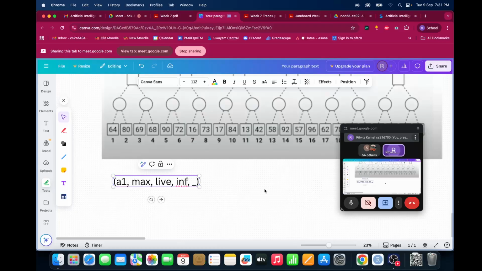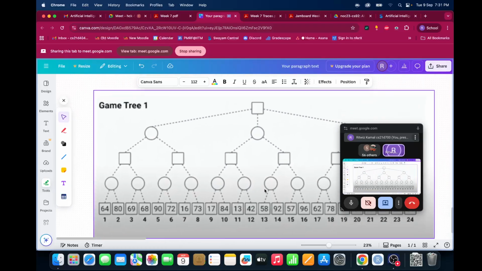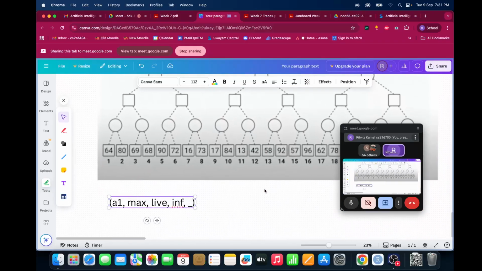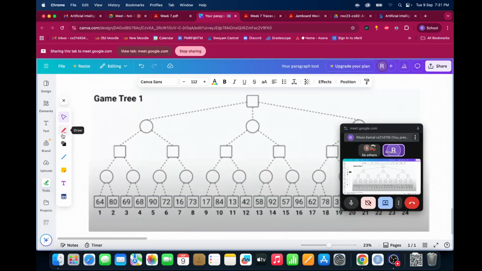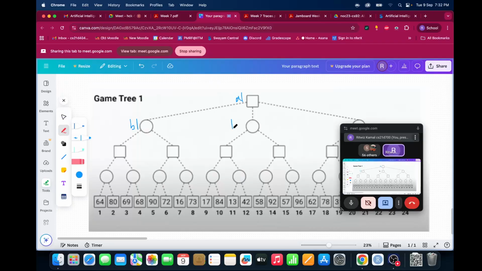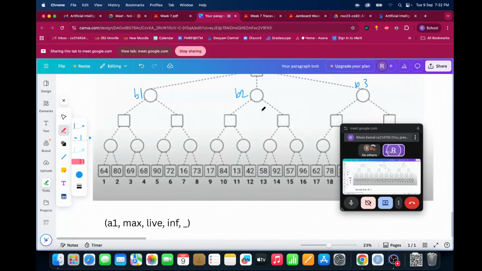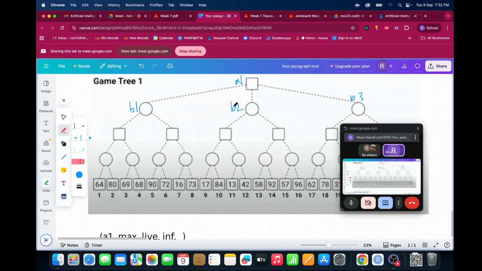Now we will add the children of this max node. This was A1, and these were B1, B2, B3. We have to add all children of the max node to the priority queue.